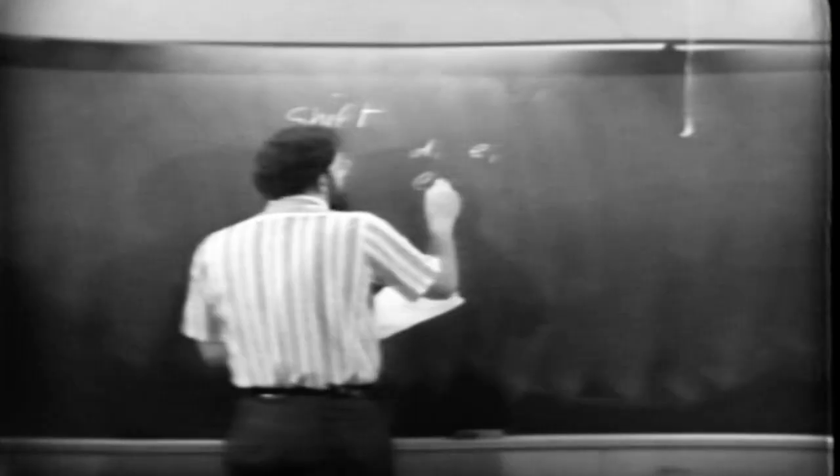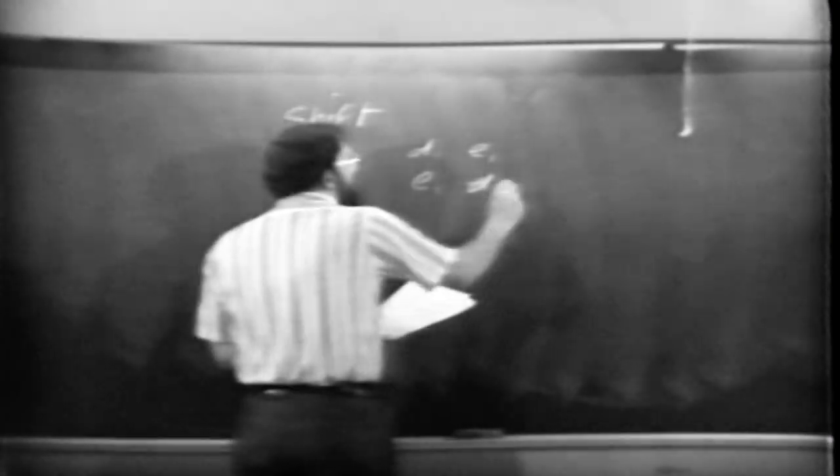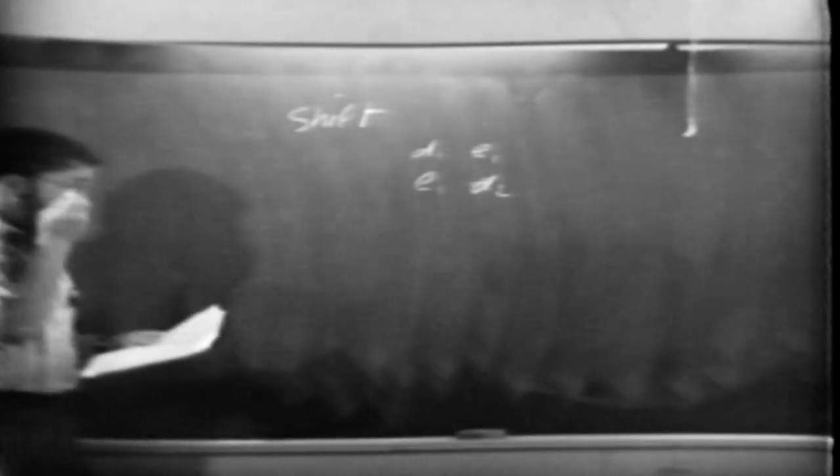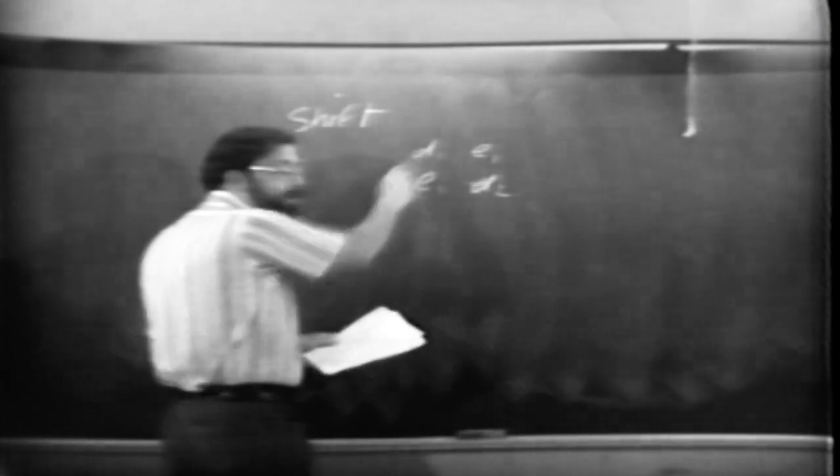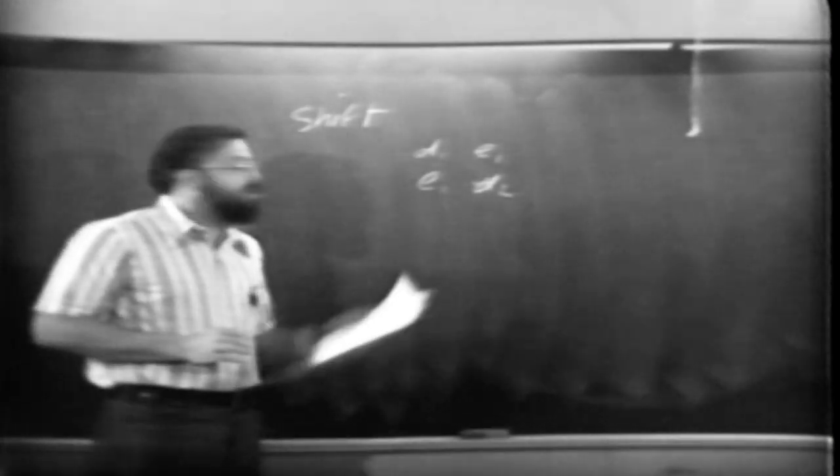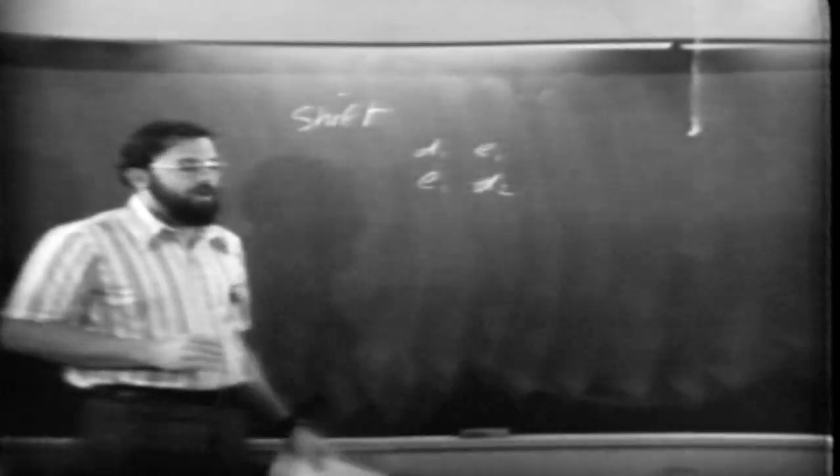Now we come to the computation of the shift. The shift in the QL algorithm comes out of the upper 2 by 2, and we want to find the eigenvalue of the upper 2 by 2 closest to the upper 1 by 1.